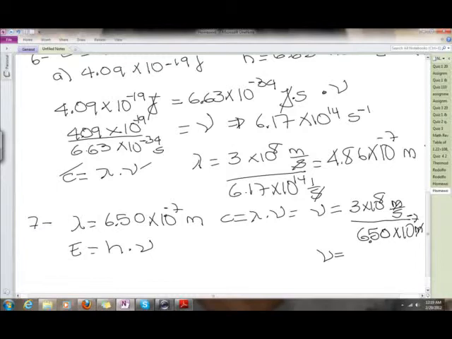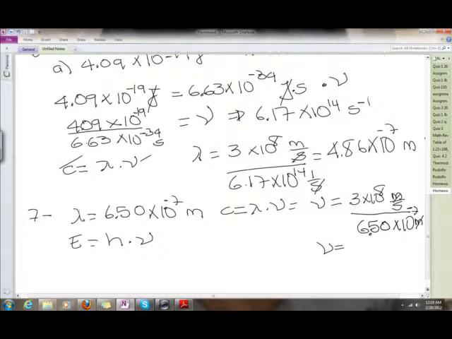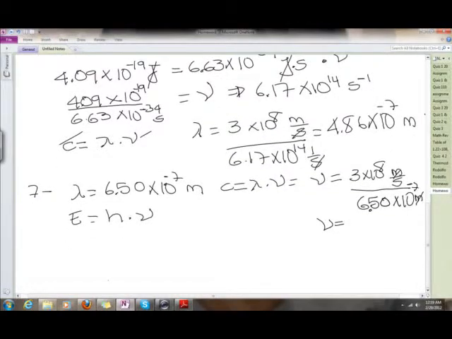You can do it directly too. You can plug in the value of frequency here. You find out the frequency here, or you can do it this way, because I'm not going to use a calculator.